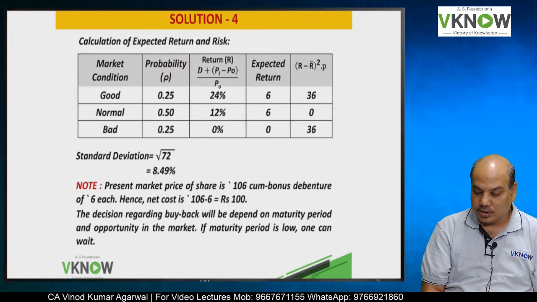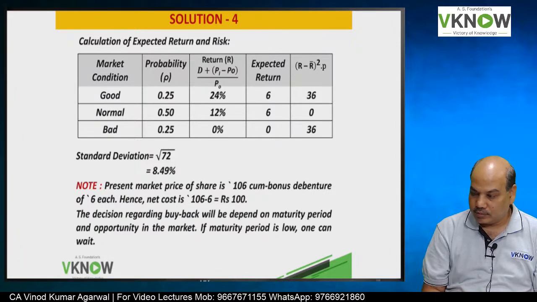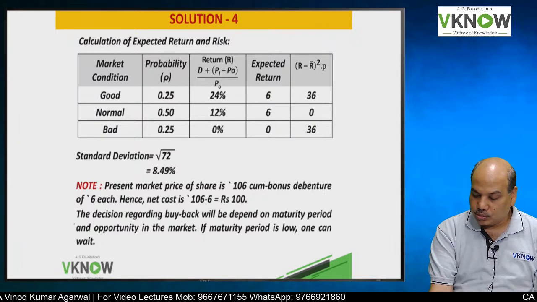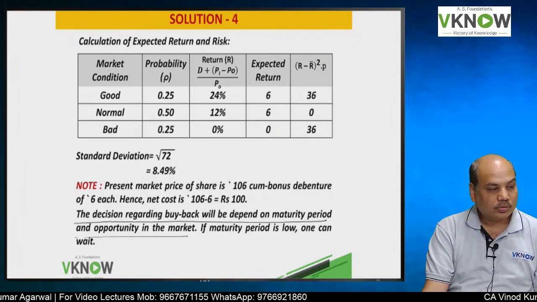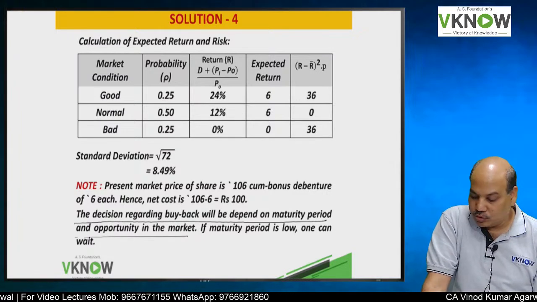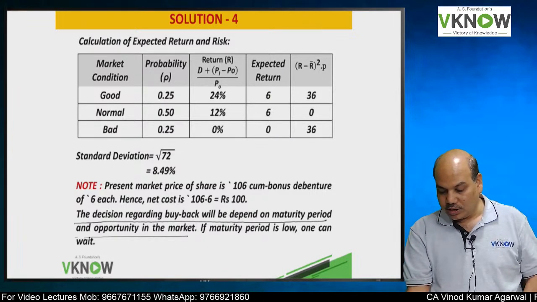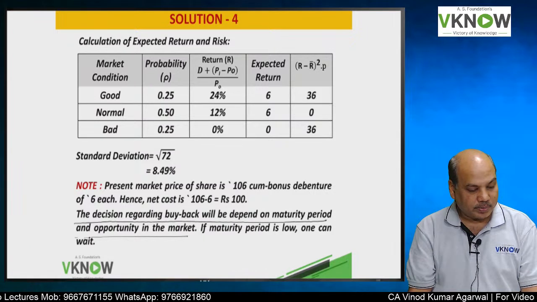Now the next question is whether the investor should go for buyback offer. The answer depends on the opportunity cost and your maturity period. The debenture is giving you 10% return.